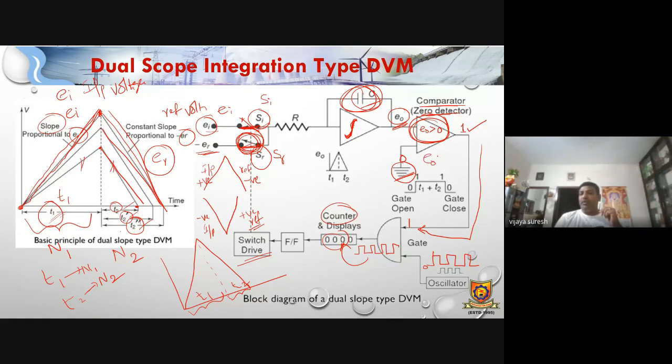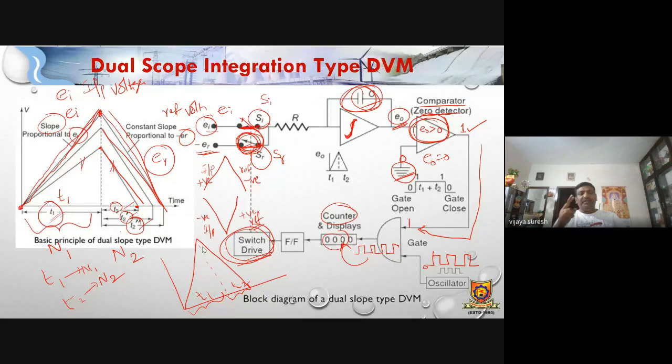E naught equal to 0, then automatically this comparator will be disabled again. So during this discharging duration, we are going to get N2 number of pulses. These are controlled by this switch drive circuit. The switch drive circuit controls the switch on and off for the input signal as well as the reference signal. If the input signal is connected, charging.